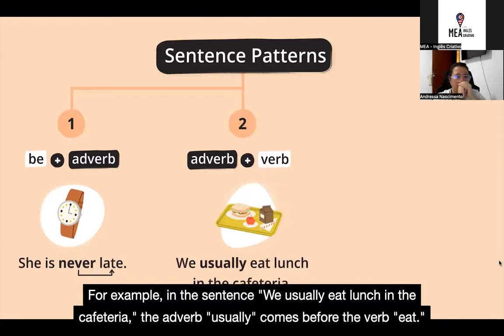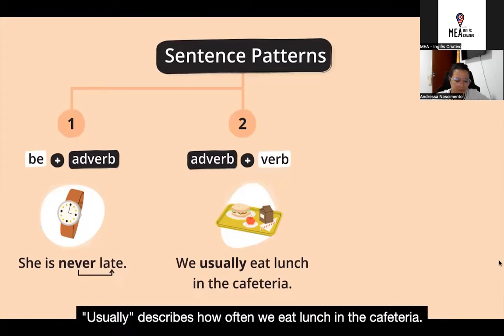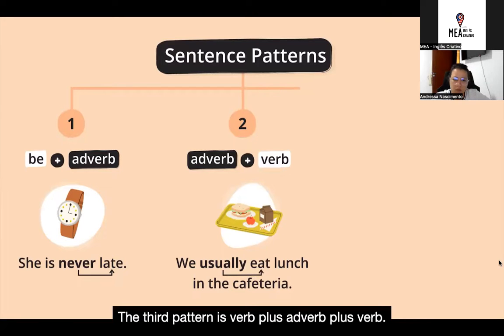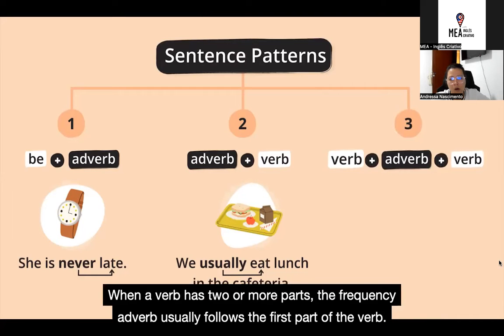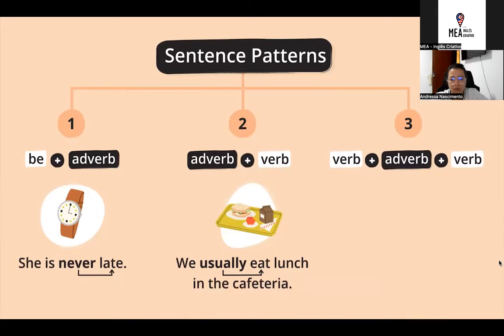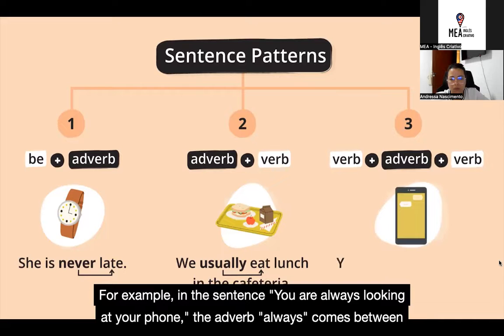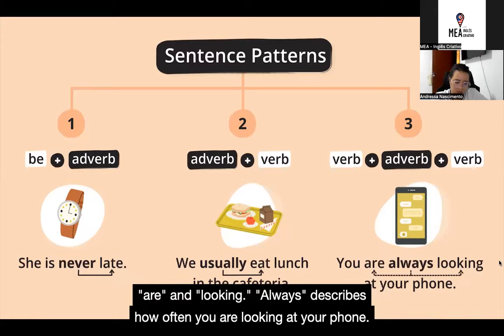The adverb comes before the verb eat. Usually describes how often we eat lunch in the cafeteria. The third pattern is verb plus adverb plus verb. When a verb has 2 or more parts, the frequency adverb usually follows the first part of the verb. For example, in the sentence, you are always looking at your phone. The adverb always comes between are and looking. Always describes how often you are looking at your phone.